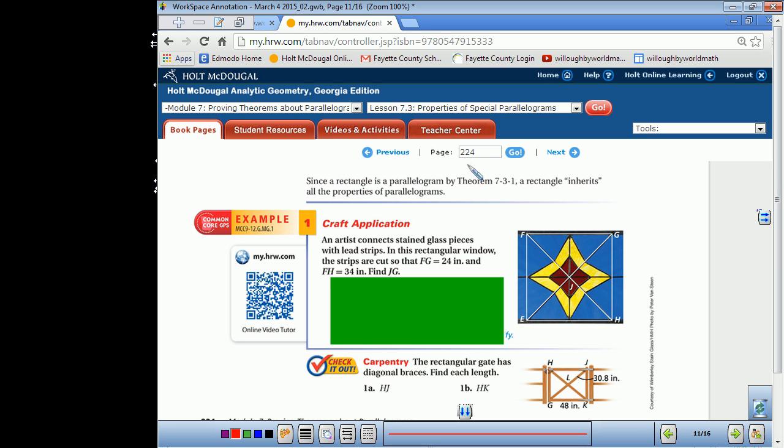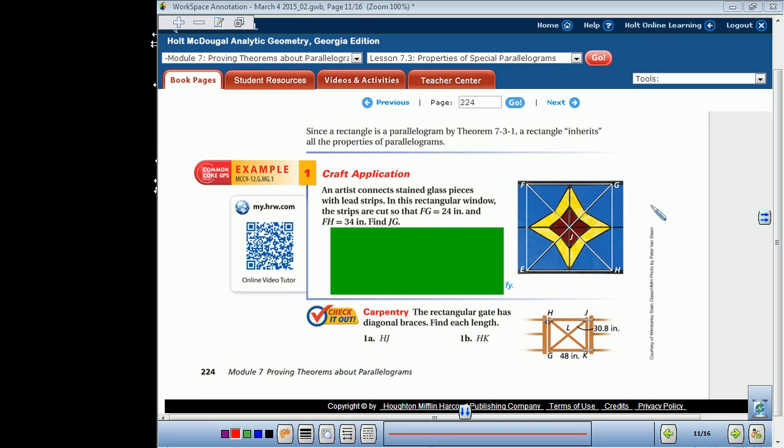All right, so a little lower down on page 224, we have this picture of this pretty stained glass. An artist connects the stained glass pieces with lead strips. In this rectangular window, the strips are cut so that FG is 24 inches and FH is 34 inches.